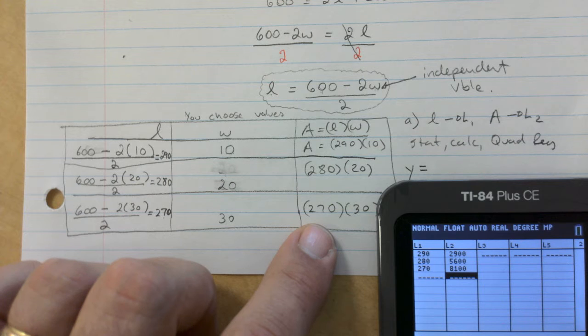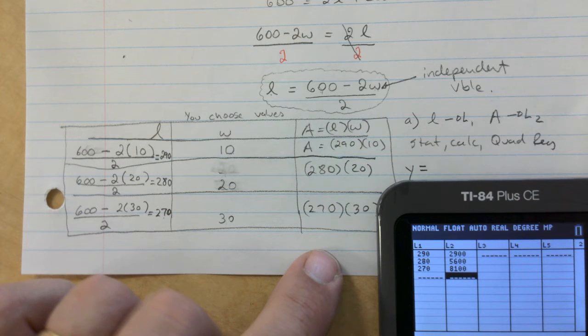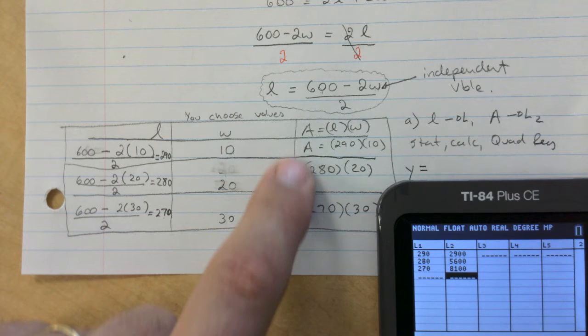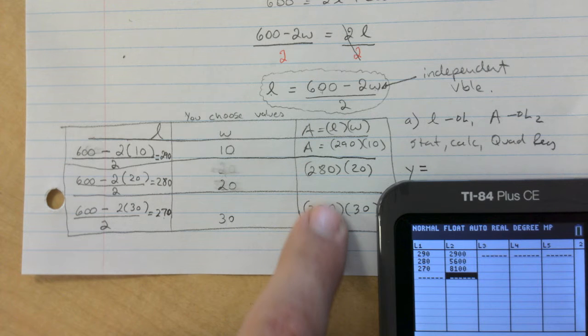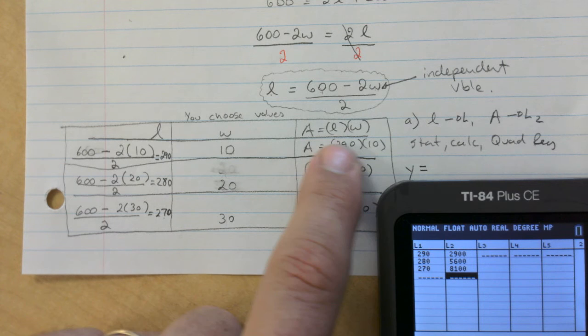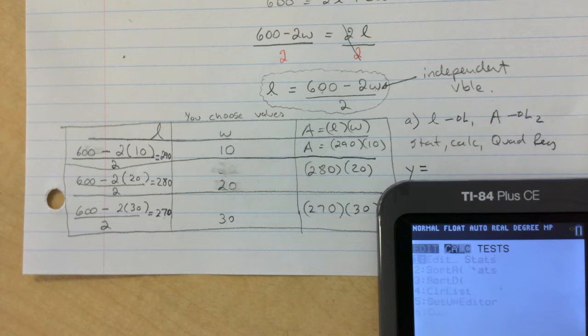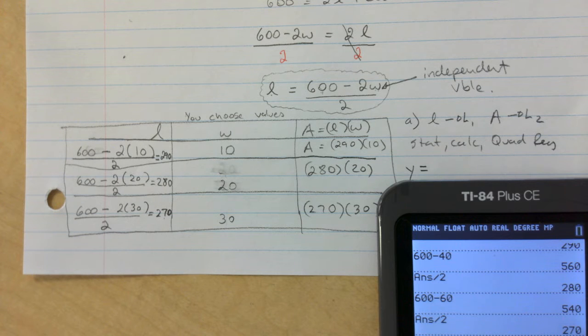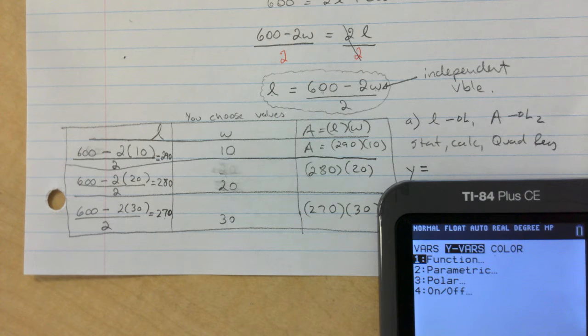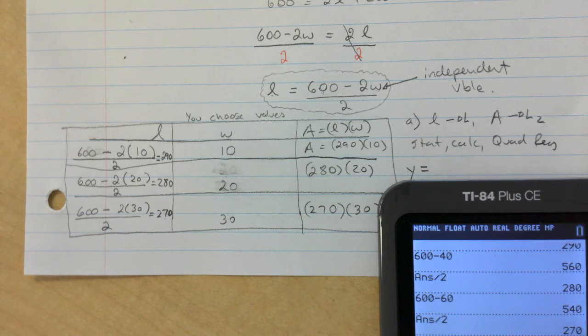You may or may not want to enter the actual values here. I'm fine with you just leaving it as is. You don't have to write down what the area computes to. But now let's perform the regression. I haven't done a regression in a little while, so I'm just going to type everything again. It's probably a good habit to redo it every once in a while.